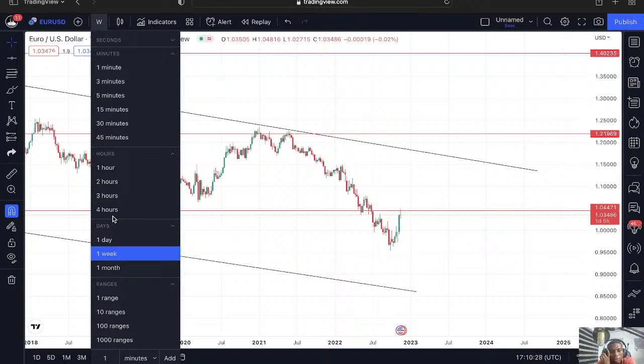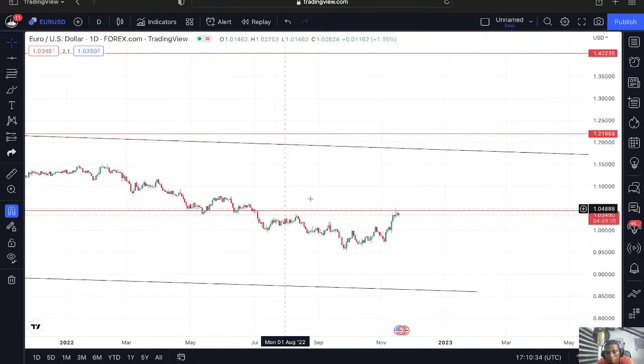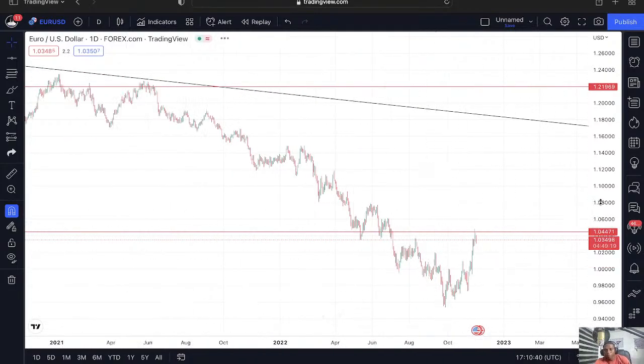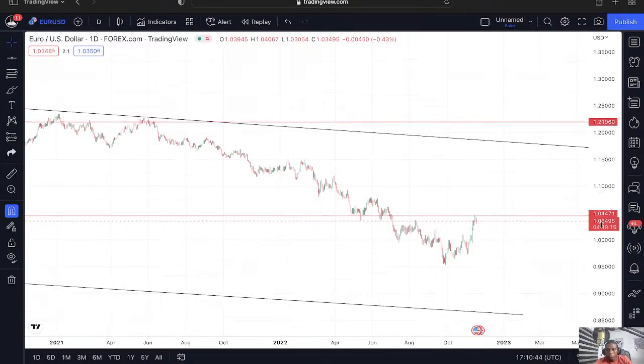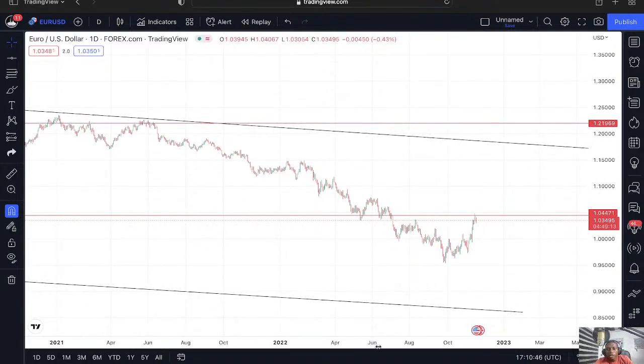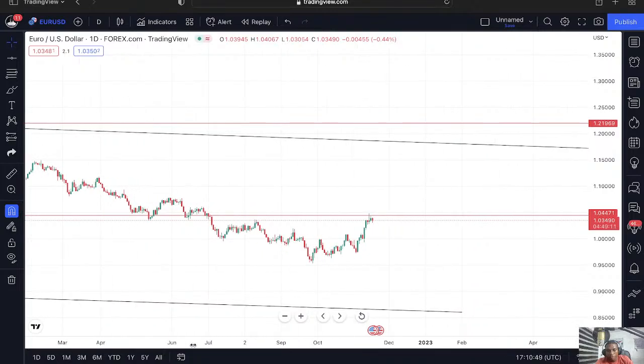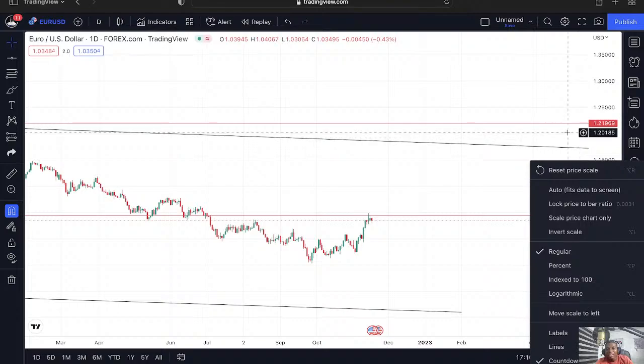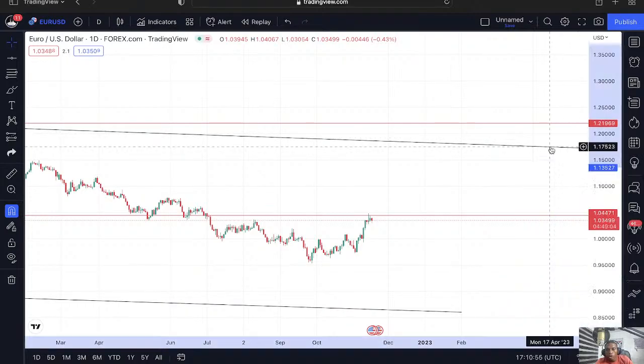Let's look at the daily chart. Looking closely at the daily chart, you see that price is building a bullish momentum.